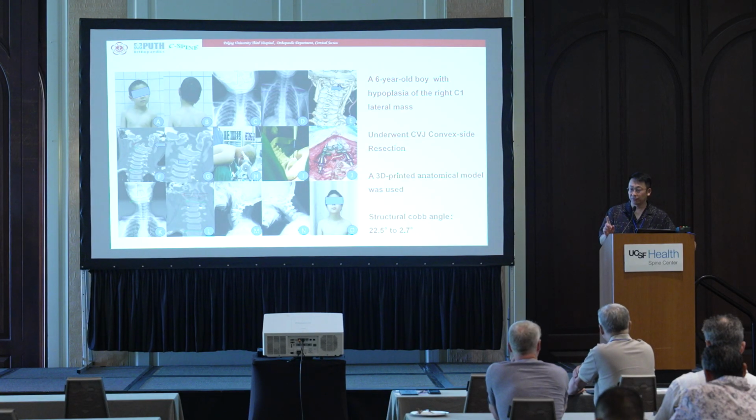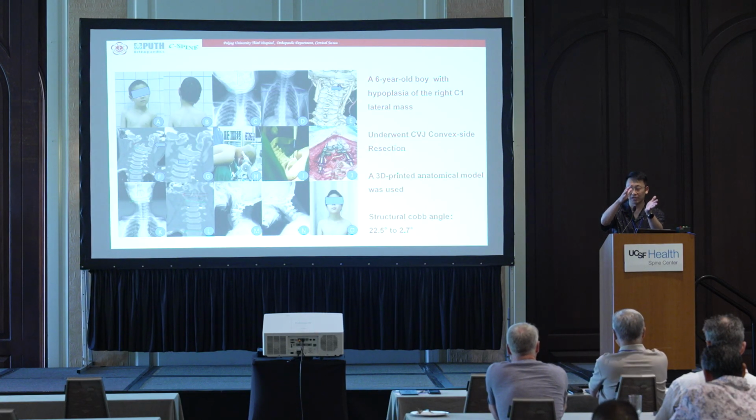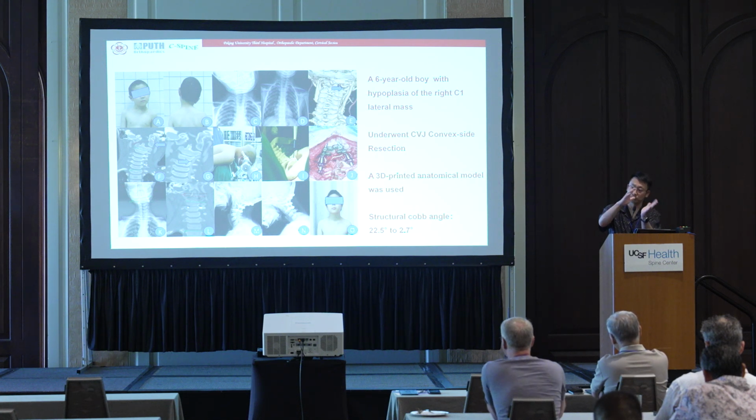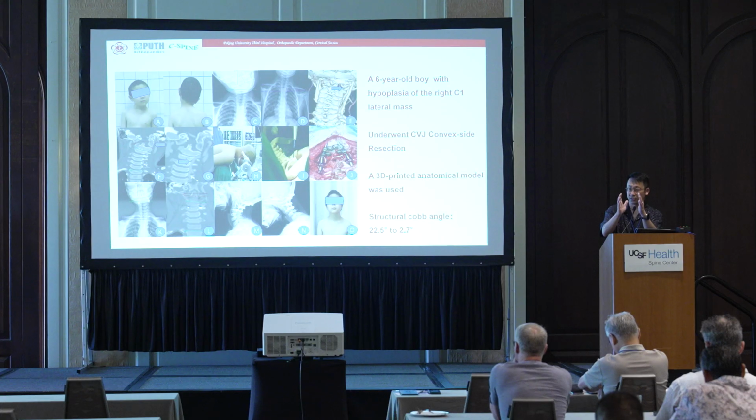I think the first step is to test the rigidity of the patient, because in some patients it's very flexible. You can just adjust the scoliosis to the normal position, and you know that it is very flexible. And some children are very rigid, and it's very hard to make it to the normal position.